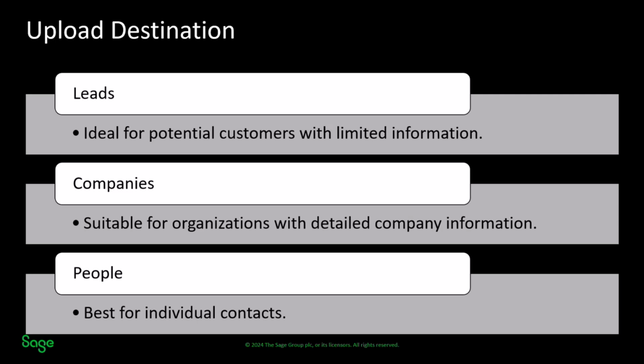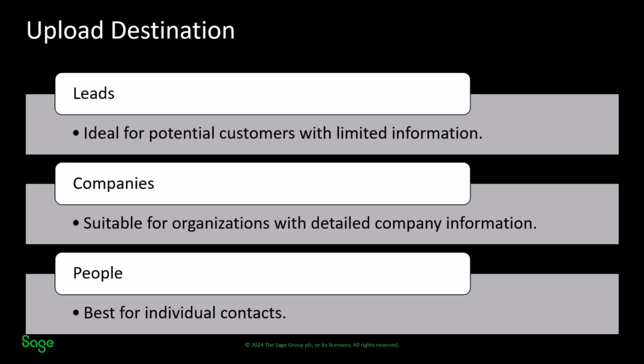So data can be destined to be held as a type of suspect information or actual true operational information within Sage CRM. And that lends itself into thinking about where you're going to be placing the data, whether you're going to be uploading it into a lead or whether you're going to be putting it into the company entity.